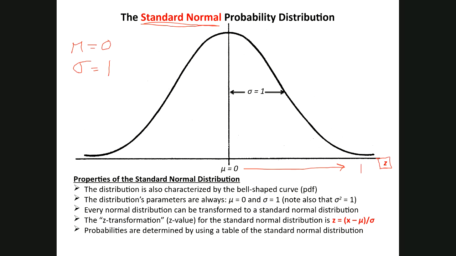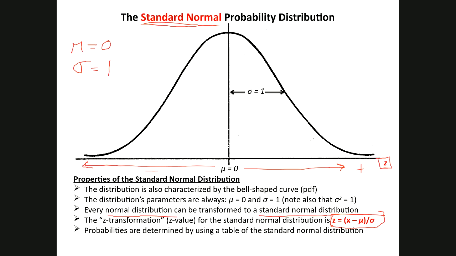And of course, everything to the left of the mean for this standard normal distribution is negative. And again, any normal distribution can be transformed to the standard normal distribution using what you may remember as the Z transformation. We'll talk about that more in the next slide.